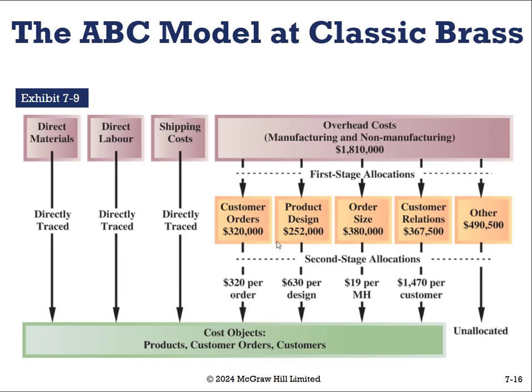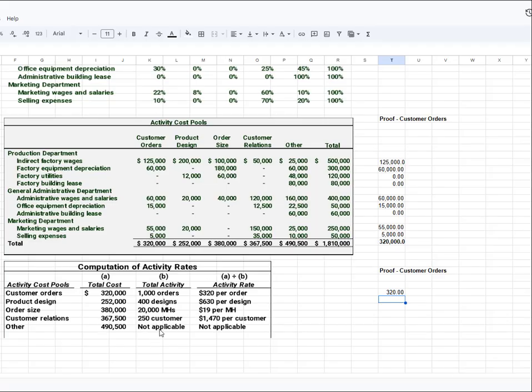So now we have the second stage allocation, which we can then apply to the different cost objects, everything except for our other bucket, and we'll talk about what to do with that later. Okay, so $320 per order, $630 per design, $19 per machine hour, and $1,470 per customer. Same information that we have here.